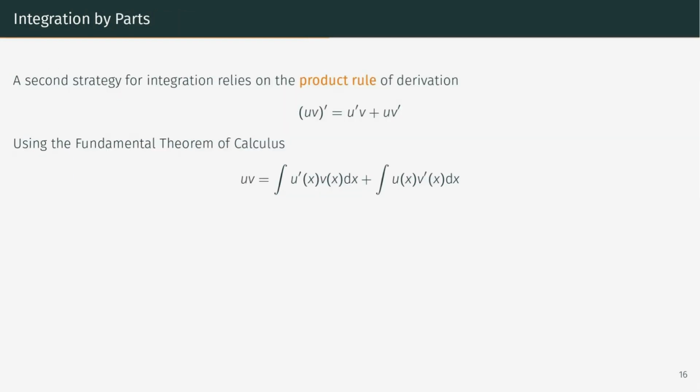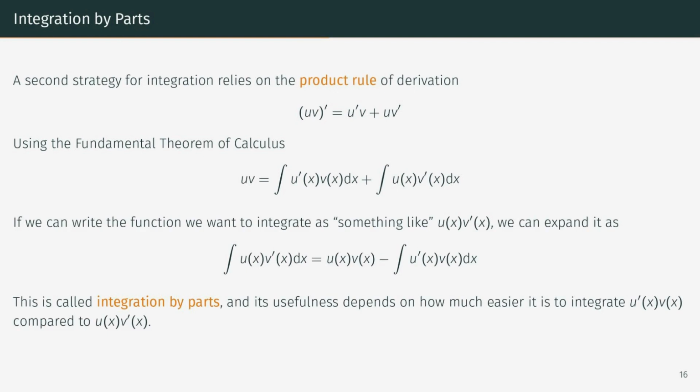A second strategy for integration relies on the product rule of derivation. Here, (uv)' is equal to u'v plus uv'. Then, using the fundamental theorem of calculus, we can see that uv is equal to the integral of u'(x) times v(x) dx plus the integral of u(x) times v'(x) dx.